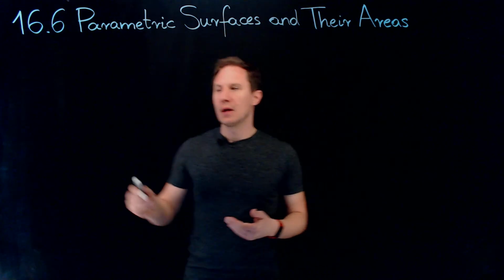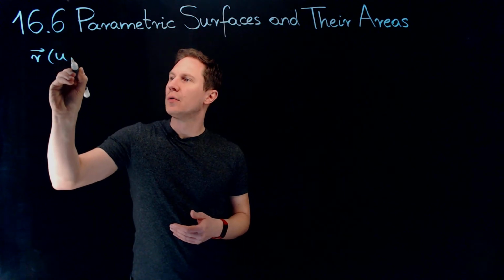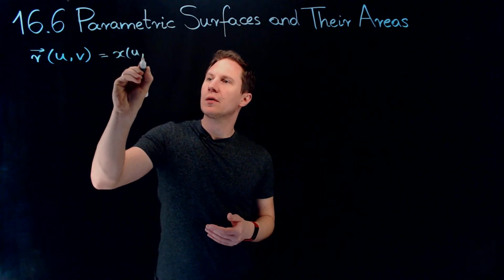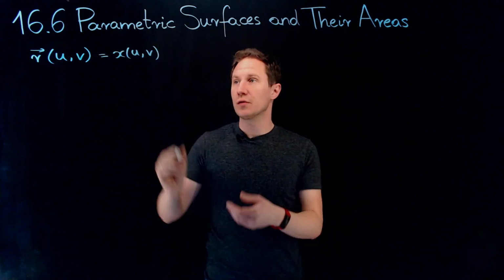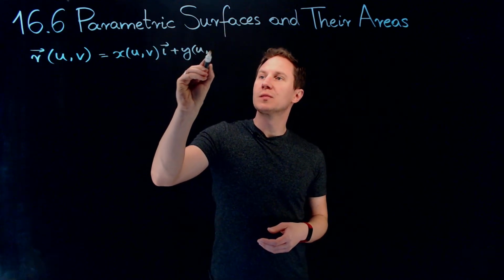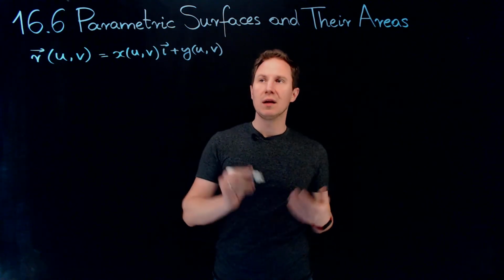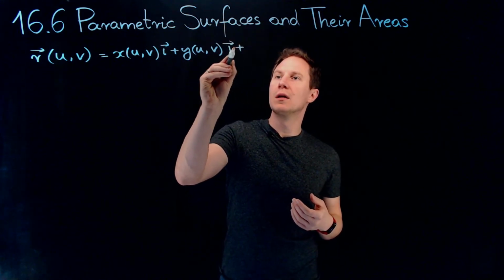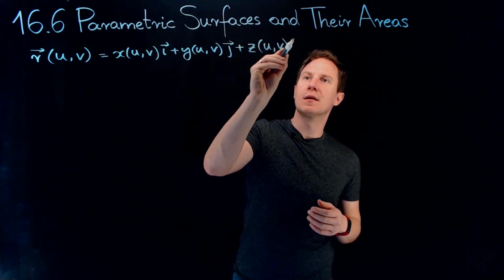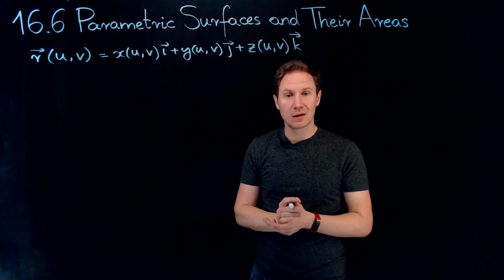Similarly, if you have a vector function r that depends on two variables u and v, so each of its components is a function of u and v, then in general you expect that this position vector r(u, v) will trace out a surface in space as u and v change over the domain where they are defined.